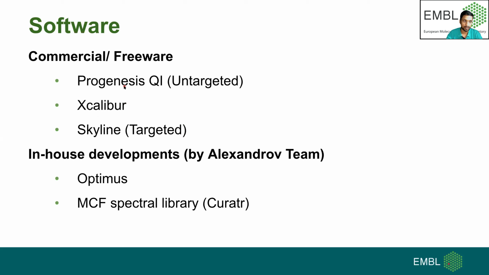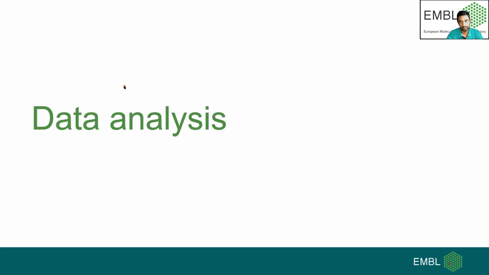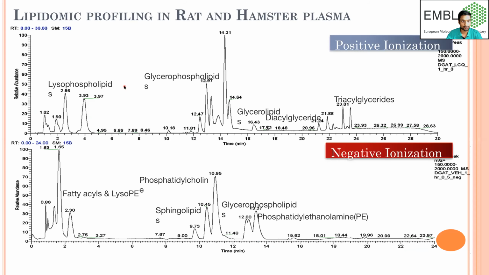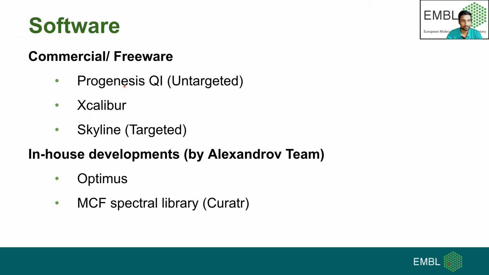Once you have data after running all this bunch of samples, then comes a more time-consuming, critical part, which is data analysis. There are a few commercial and freeware software packages available which we use for our analysis. Progenesis is mainly for untargeted analysis and is not free, but Skyline and other software such as XCMS or Optimus are free, and are used for untargeted and targeted analysis.